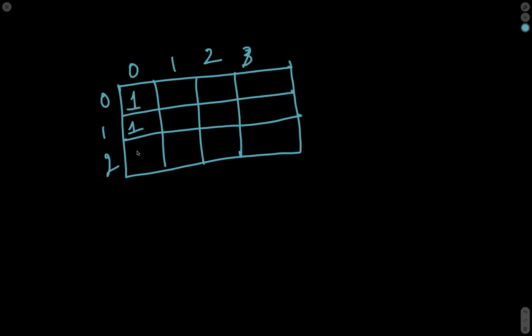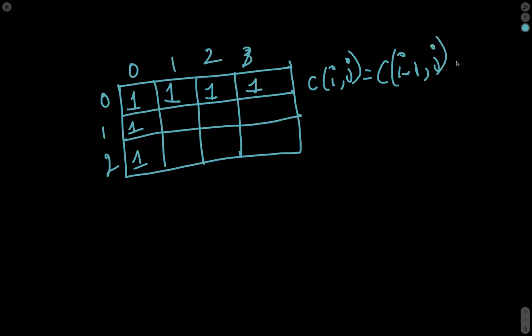So these are the boundary cases, and for all the boxes which are in the first row, the value is 1. My formula says that C of i,j is equal to C of i minus 1,j plus count of all the paths from i,j minus 1. So this is my formula.